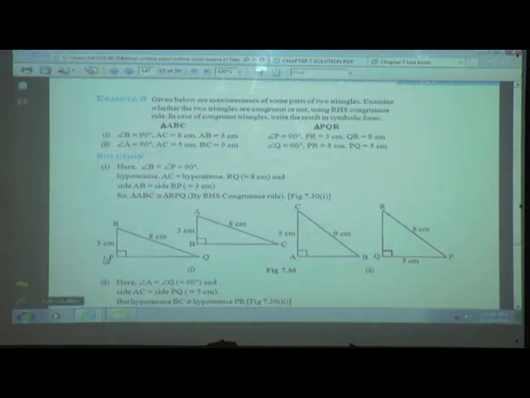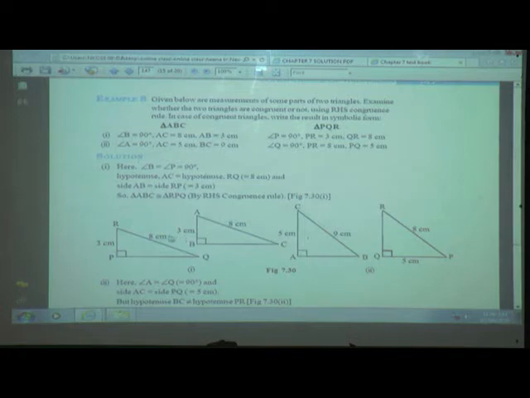Here we have angle P as 90 degrees, B as 90 degrees, A is 90 degrees, Q is 90 degrees. Here the sides are 3 centimeters and 8 centimeters. Here the hypotenuses are equal and one of the sides of the right angle triangle is equal.